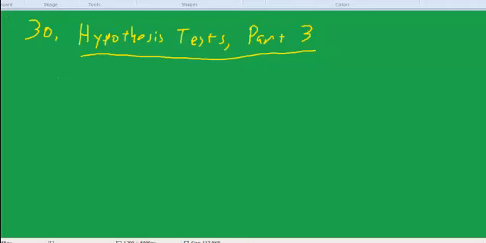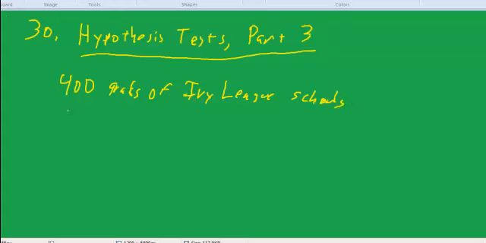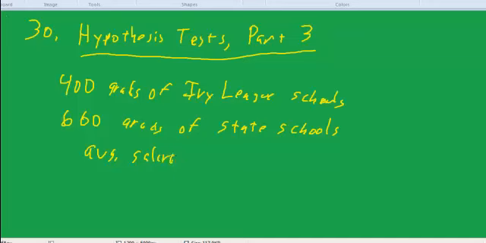So the example will be, we'll take a sample of 400 graduates, again this is all made up, of Ivy League schools, and let's say 600 graduates of state schools, and I'll make up the average salaries and the standard deviations.